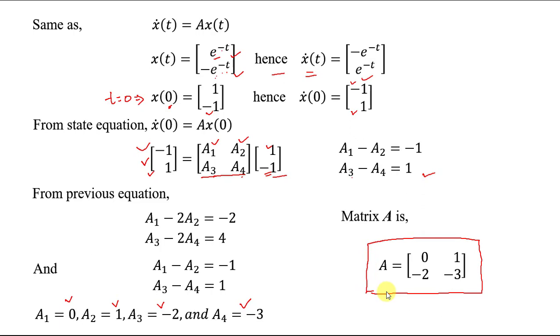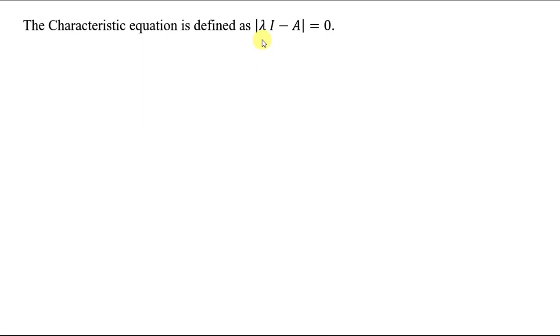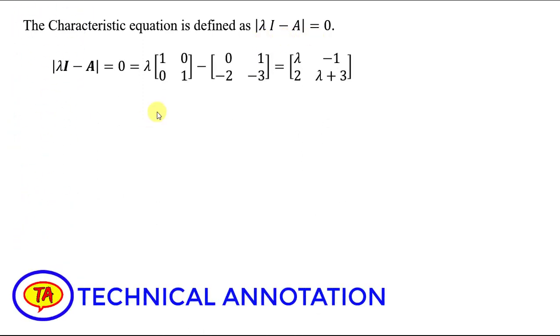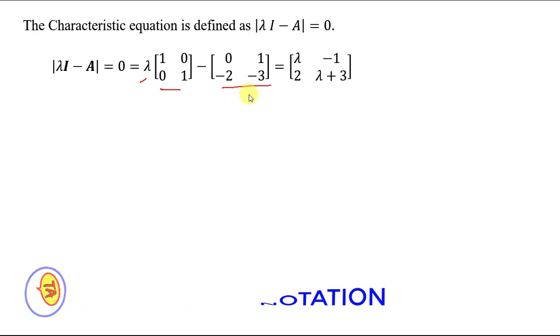The second problem is eigenvalue and eigenvectors. So simply D option is correct from the first question. The second question, the characteristic equation is defined as |λI - A| = 0. So simply, the value of lambda, identity matrix, and A matrix, we have already calculated the value of A matrix.